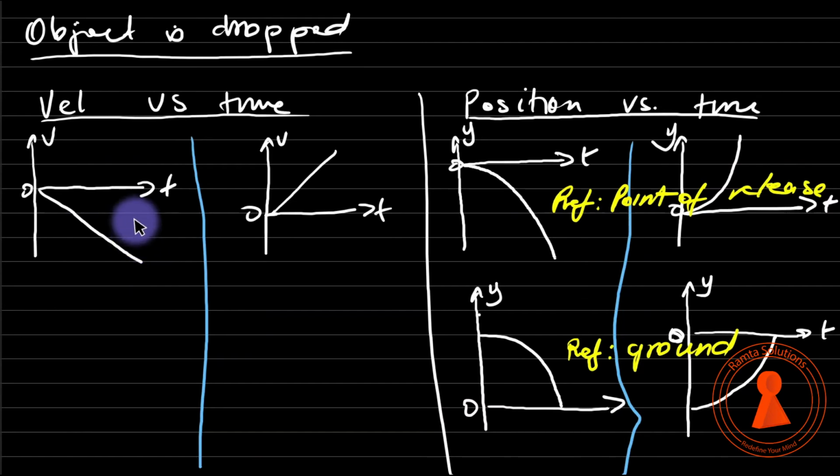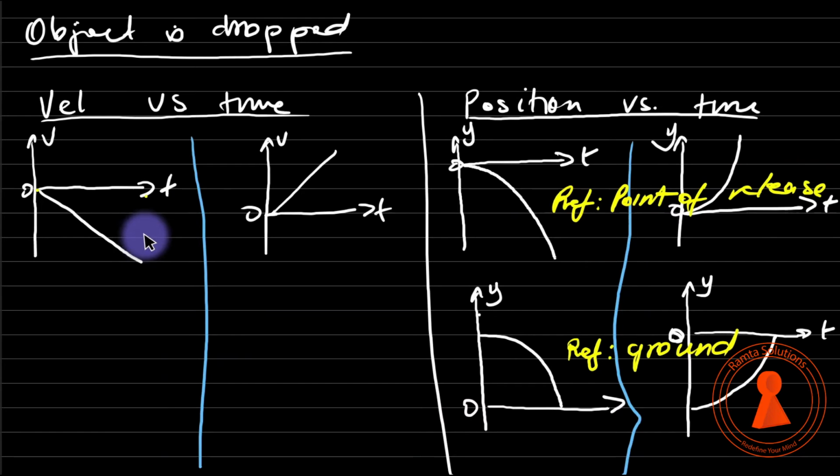So if you are asked the distance that the object traveled or the height of the object, you can simply use the area of the shape here, or you use your equations of motion, noting this is initial velocity, this is final, and this is time. All right, so this is how you will be doing it.